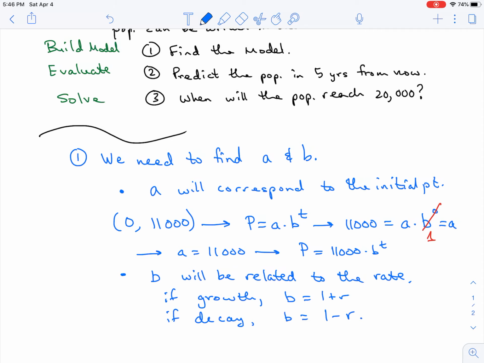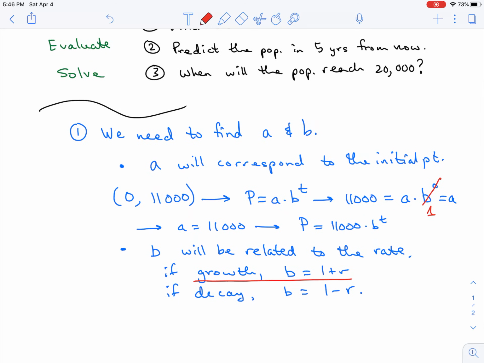Our problem that we've been given is growth, so we're going to use that one. And we have the growth rate 8.2%, which as a decimal is 0.082. And so B is going to be 1.082.